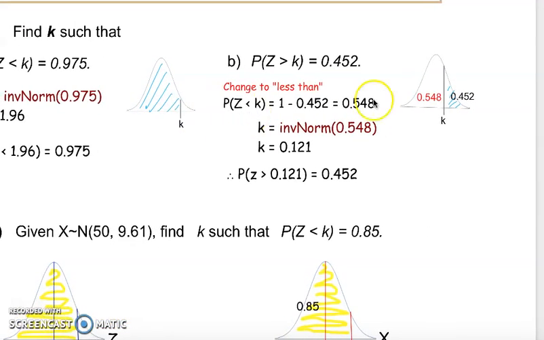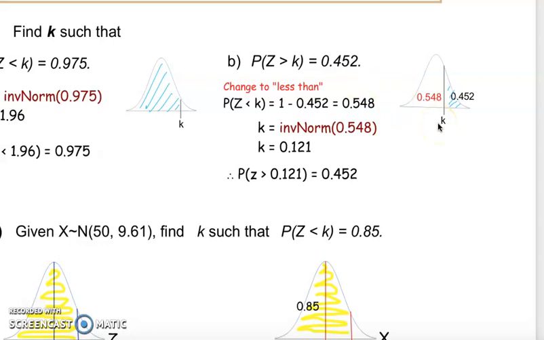In part B, we're going to look for a data point where the probability of anything to the right, greater than this number, is 0.452. Once again, we're sticking to the traditional standard calculator functions.